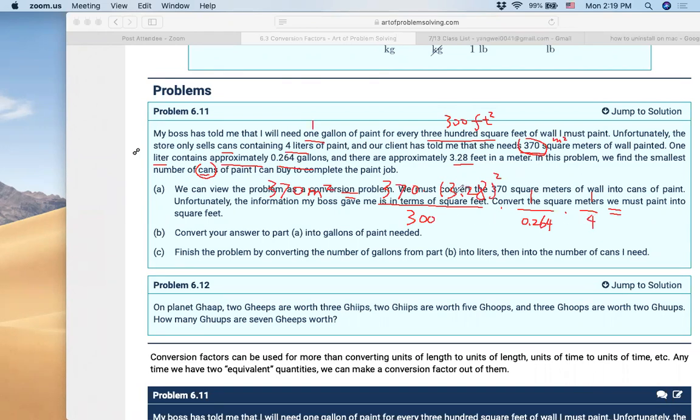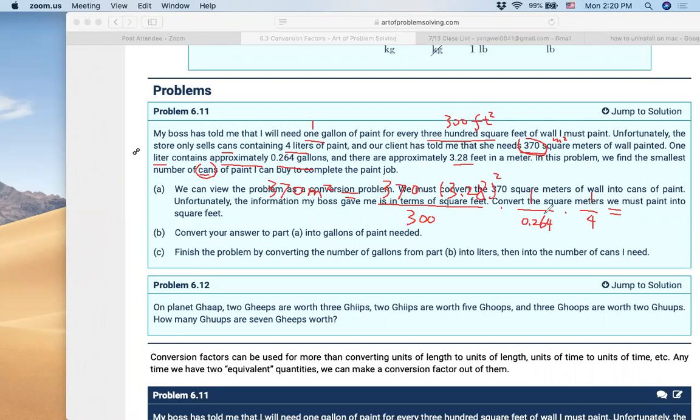370 times 3.28 squared. This one is the wall in square feet. Divided by 300 square feet gives you the number of gallons of paint you need.